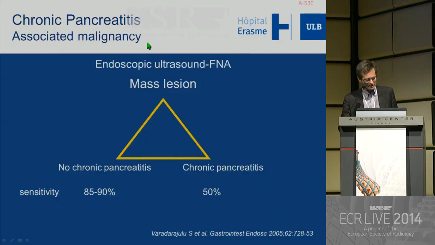Now, associated malignancy is a huge challenge and a dilemma still nowadays. What I would like to mention here is that in the setting of chronic pancreatitis, if you have a mass lesion and you use endoscopic ultrasound FNA, the sensitivity is only 50%, which is not the case in non-chronic pancreatitis situations.